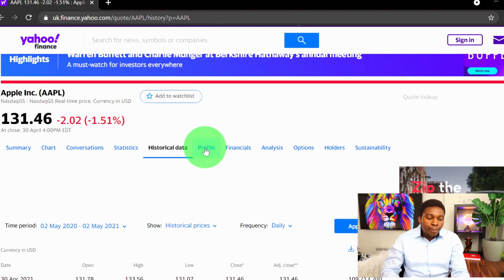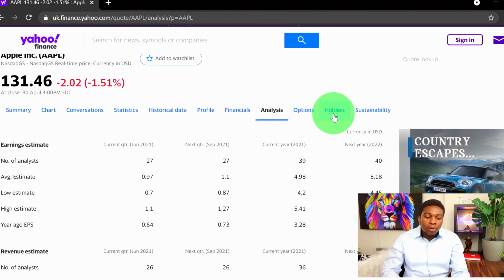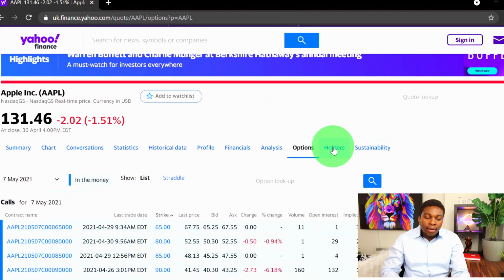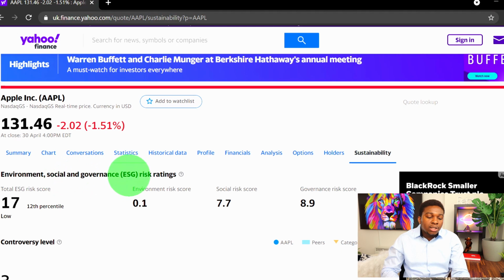We also have profile, financials, analysis, options, holders, and finally, sustainability to tell us about the environment, social, and governance risk rating of Apple. So, also on your phone, there's an app called Stock on your phone. You can click on it and search for Apple. It will show you Apple share, how the price is moving, and everything I've explained here.